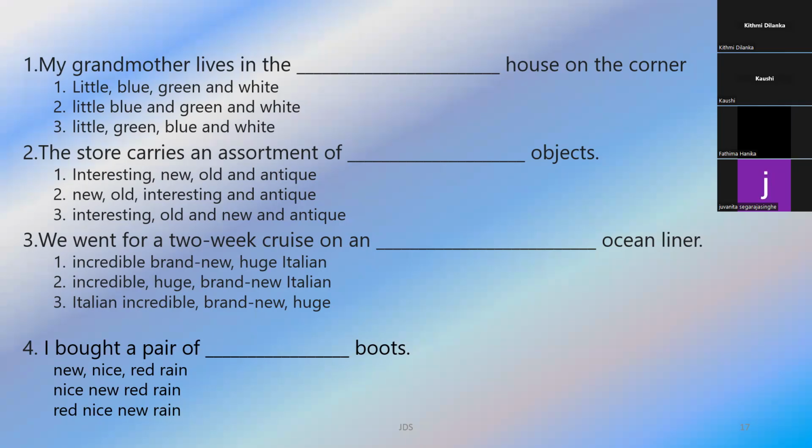Did you find the answer for the first one? My grandmother lives in the dash house on the corner. Which house? Little blue, green and white. Little blue and green and white. Third one, little green, blue and white house. Which one is going to be the correct answer?